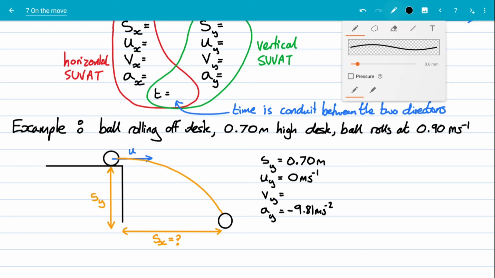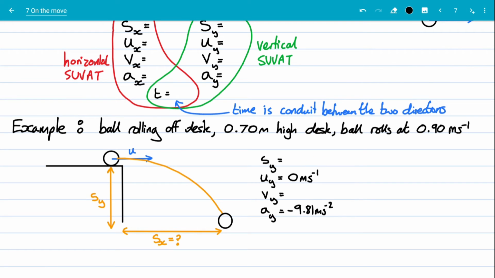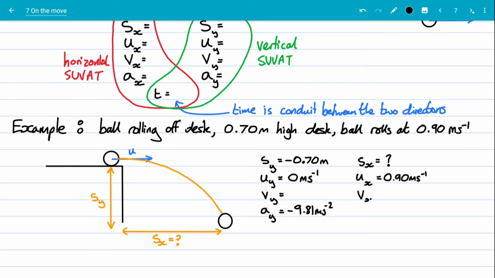I'm going to do the same thing. I mean, if all the motion is downwards, we might as well call down positive, but we started by saying down is negative, so let's stick with the same convention. That's fine. Now, s in the x direction, that's something that we want. u in the x direction, we know that's 0.90 meters per second. Now, v in the x direction, we do know as well, because a in the x direction is equal to 0.